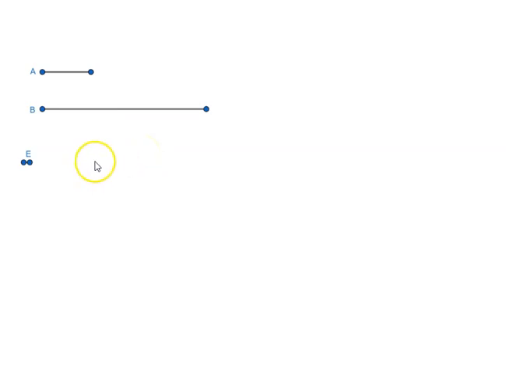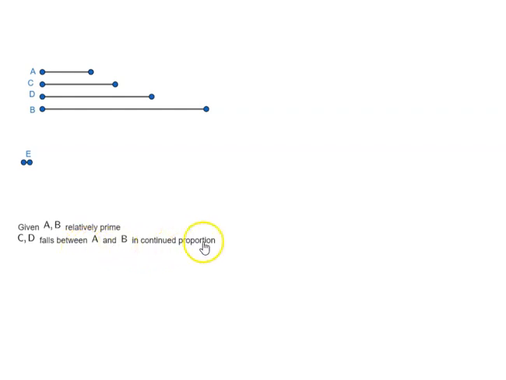So let's see how he goes about building this and proving it. Let us say C is one of the numbers falling in between and D is another number falling between A and B, and A, C, D, B are in continued proportion. What we have is A and B relatively prime, and C and D fall between A and B in continued proportion.